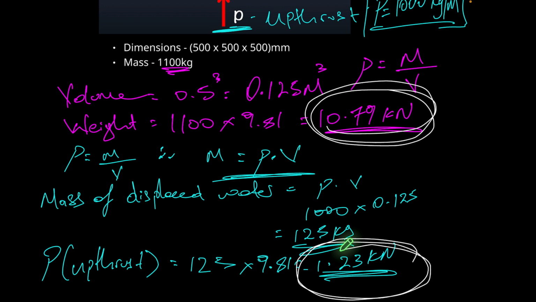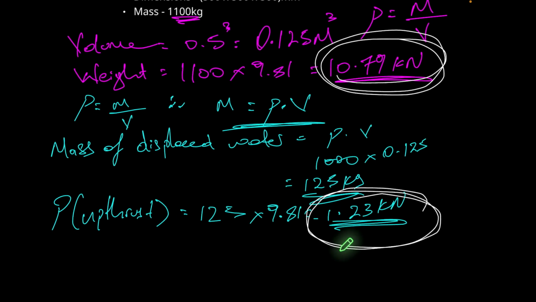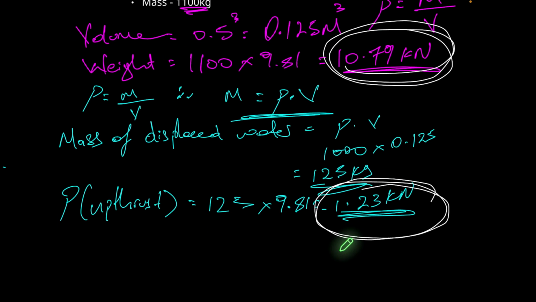And if you can observe carefully here, you will see that the upthrust is significantly smaller than the weight of the object. So we can just conclude that since the force of the upthrust is lesser than the weight or the force of the object, then the object will sink.